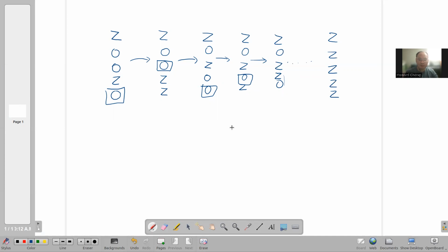If you look at how many Z's there are, eventually the topmost O will turn into Z, and then once you have a certain number of Z's on the top, those Z's will never change back to an O. Okay, so eventually they all turn into Z.